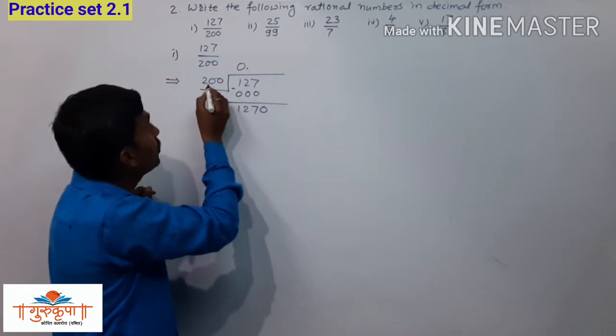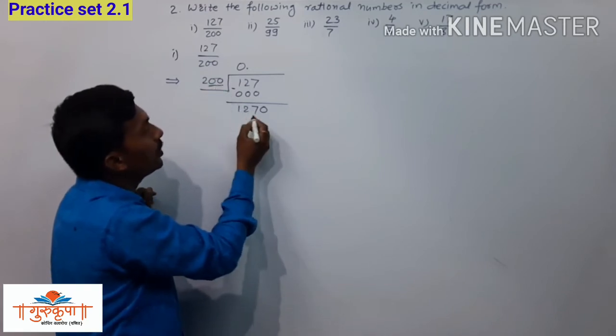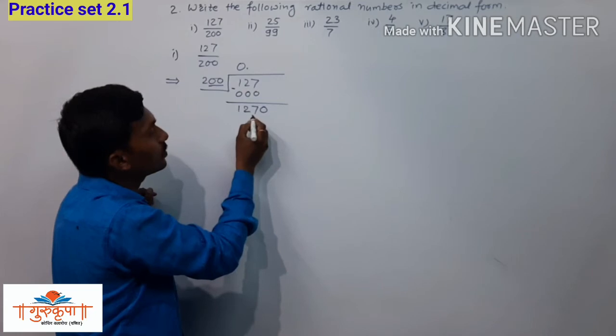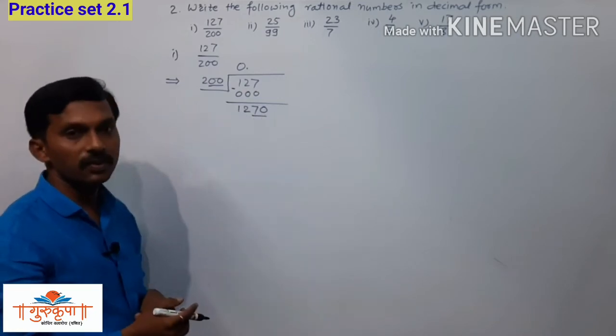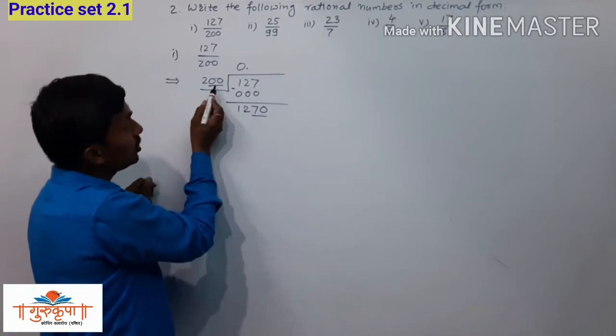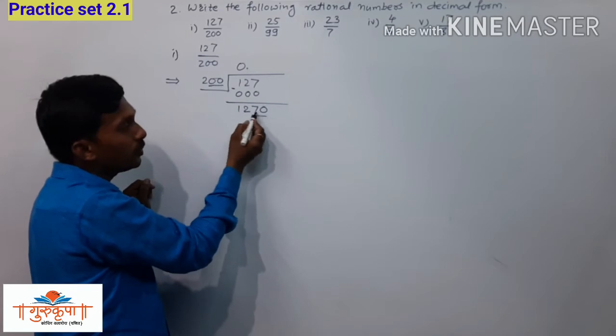So what we have to do, see here, we will skip these two digits. Since we skip 2 digits from here, we also skip 2 digits from here.